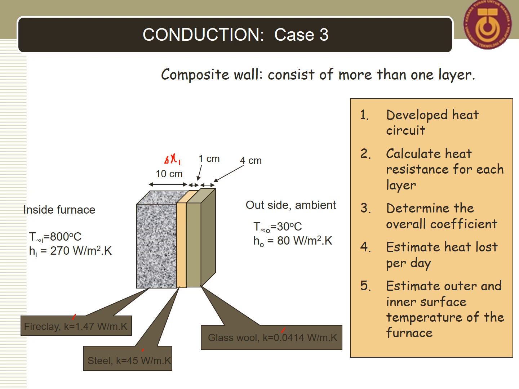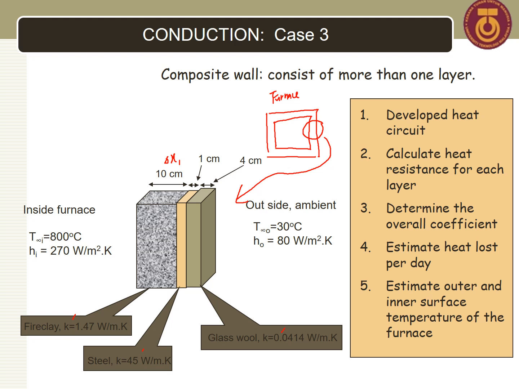Let me give you a clearer picture of the context of this system. This is a furnace. If you magnify this part, the wall, this is what you see here.